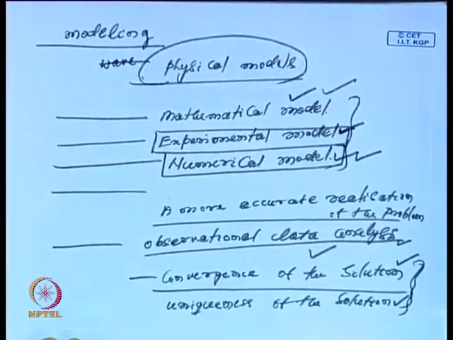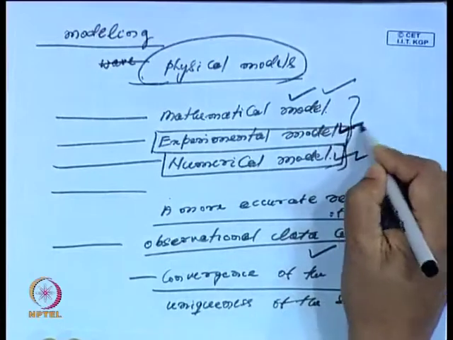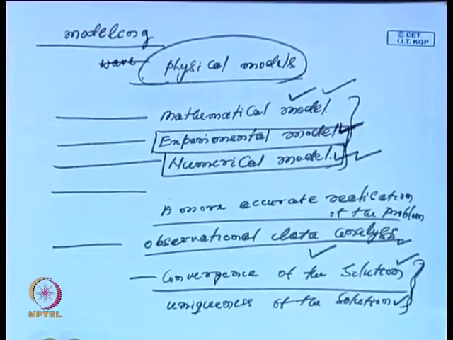Another aspect is the experimental model. Experimental models are not possible for all classes of problems, because many times it is physically impossible to do experimental models.